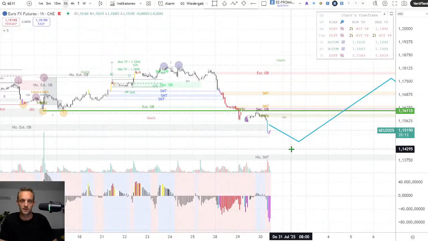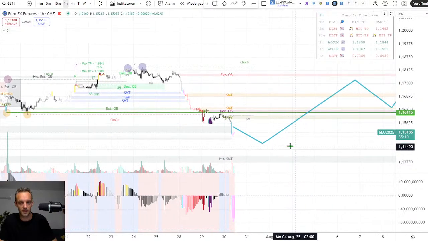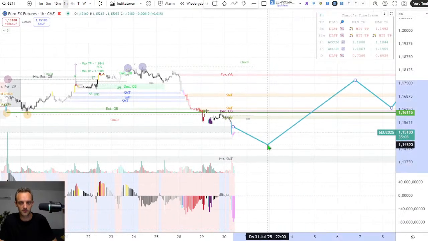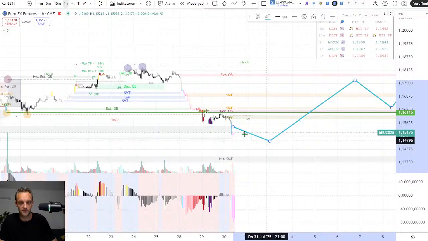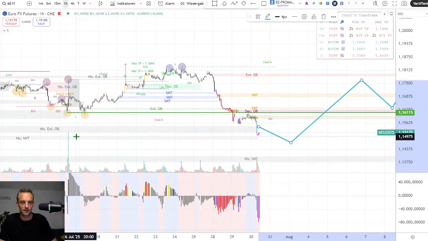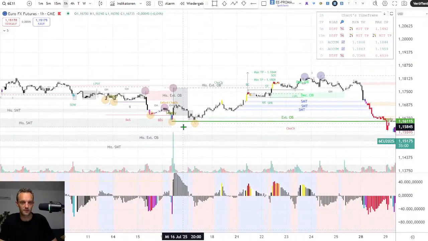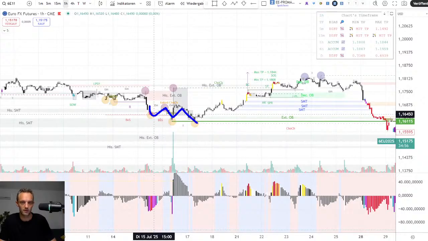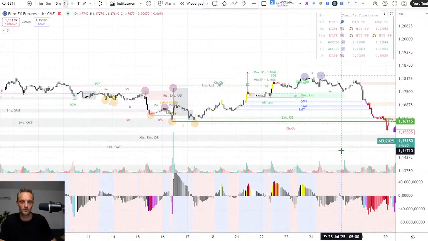No divergence here. And of course, this bottom building process can take some time, similar to this bottom building process, where we had a similar situation. Of course, it was not that extreme. It took some time, and then we were ready for this upward move.